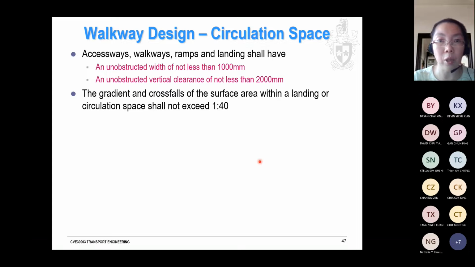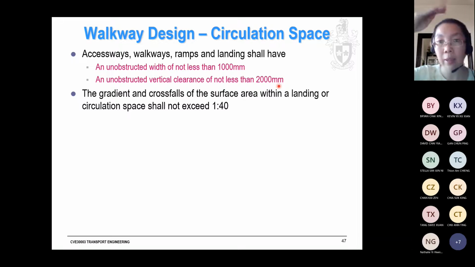So first off, under the design, is walkway design, in terms of circulation space. Access ways, walkways, ramps, and landings shall have an unobstructed width of not less than 1000 mm, 1 meter, and unobstructed vertical clearance of not less than 2000 mm, 2 meter.